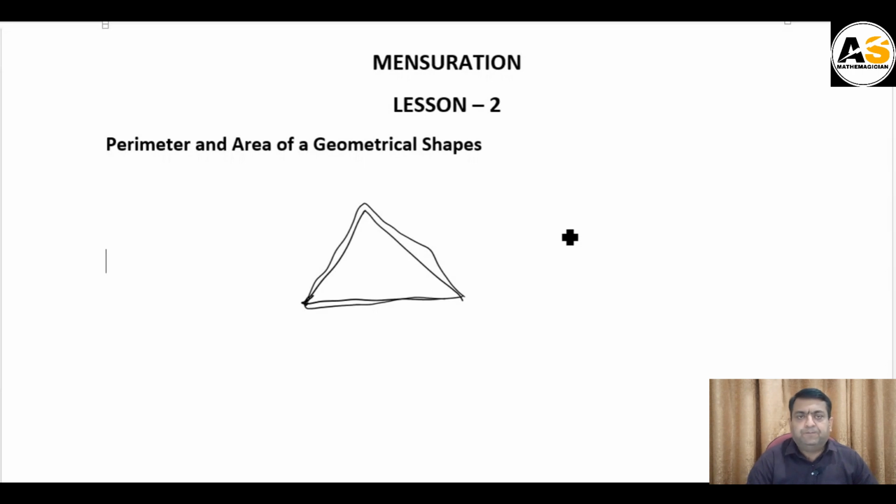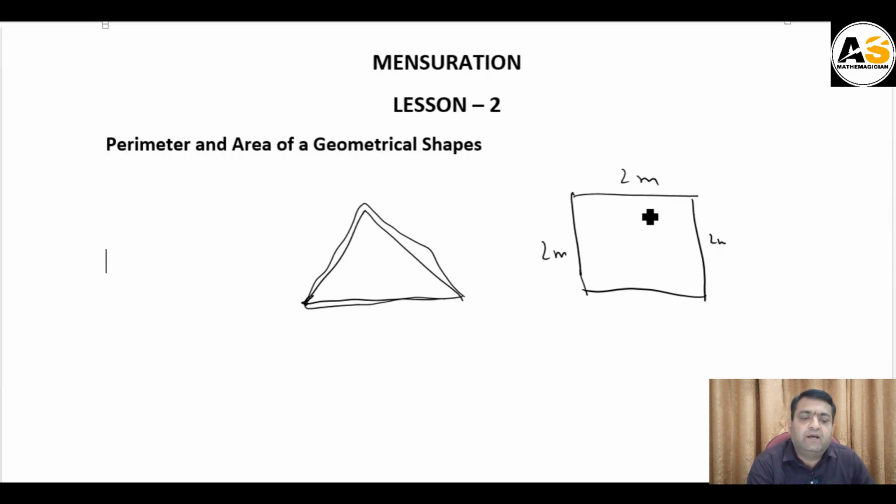And what is area? Normally we say that the area of a geometrical shape is 4 meters square. What does that mean? It means that suppose this is a geometrical shape, its side is 2 meters each, this is a square. So how many squares of 1 meter side can be drawn within this shape?